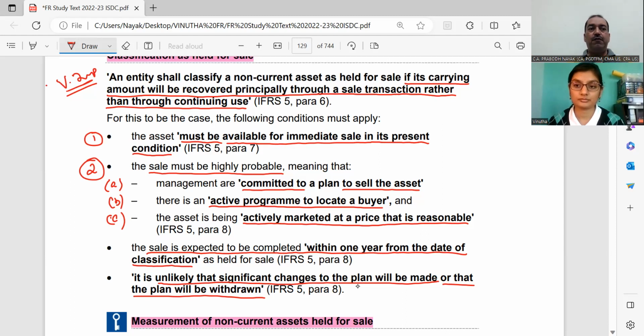Many times what happens, I feel like selling an asset, but I have an attachment to it. So I don't want to sell the asset also. Both feelings are there. For example, I was having a two-wheeler which was purchased with my first salary.